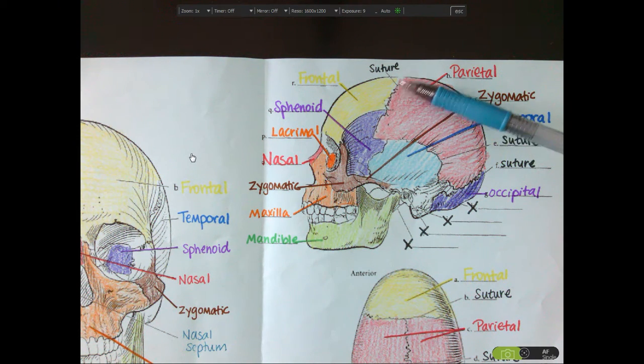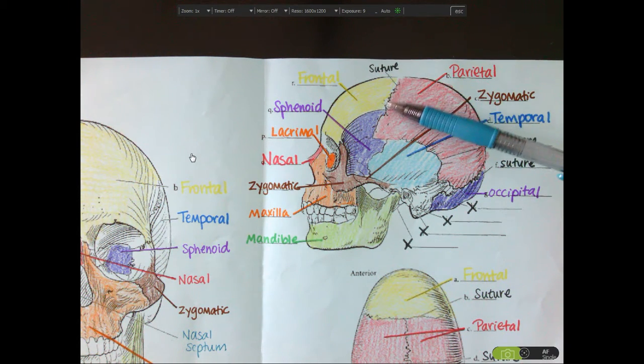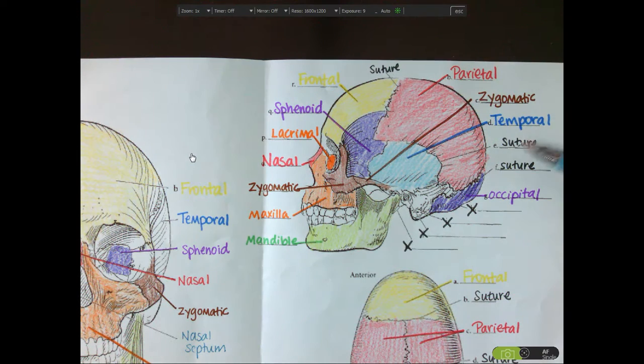So it's a dividing line between like the frontal plate and the parietal plate, but we can still see on the skull these kind of areas where they're joining together. Those are called sutures. If you look them up online, each suture has its own specific name. We're just learning that they are sutures, so you don't need to memorize the name of each different suture.